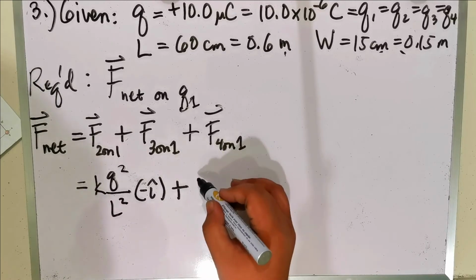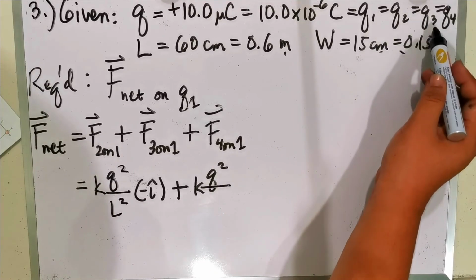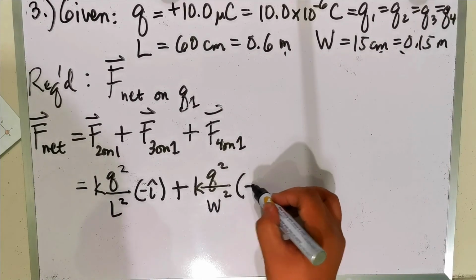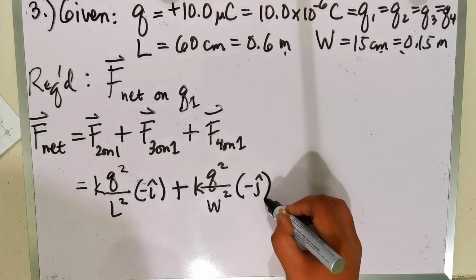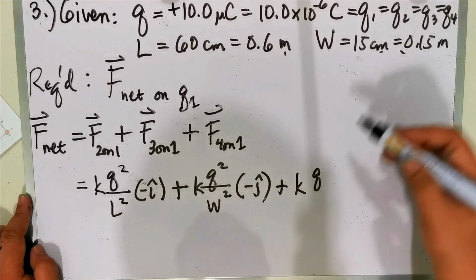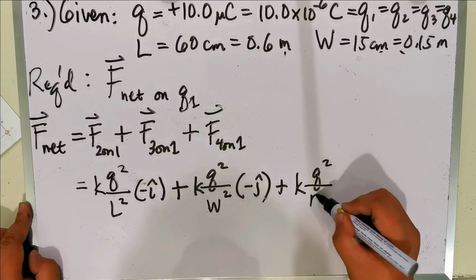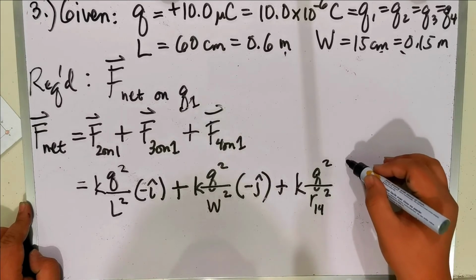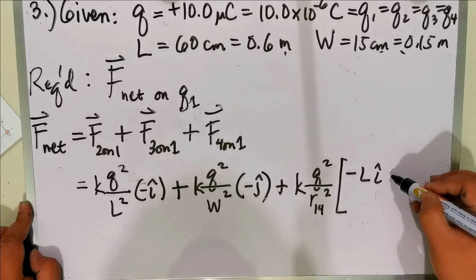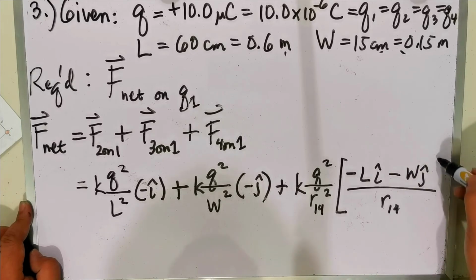Then plus the second term, you have k Q squared again over W squared, and this is negative J hat. And lastly, plus k Q1 Q4, the same Q squared, over R14 squared, times negative L I hat minus W J hat all over R14.